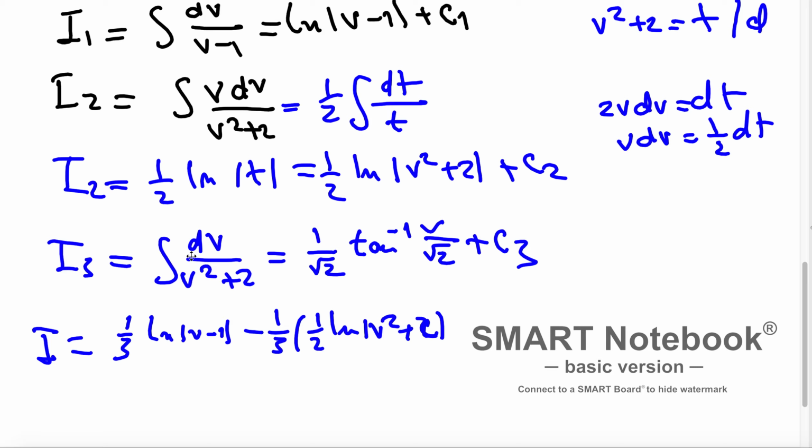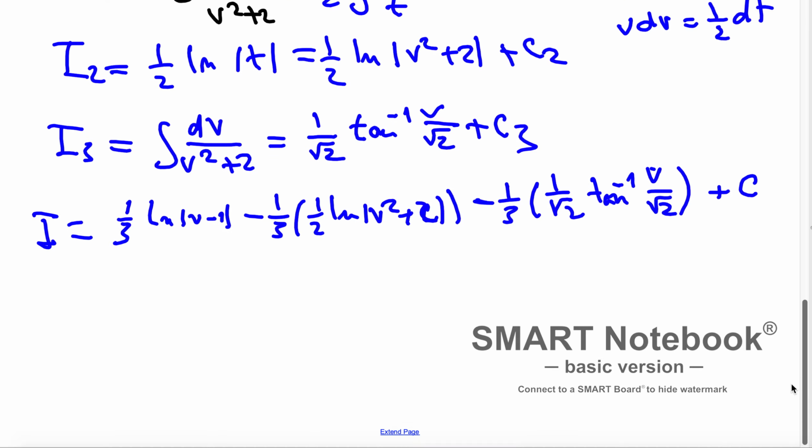And the last one is I3, which is minus 1 over 3 times 1 over square root of 2 inverse tangent of v divided by square root of 2, and c1 plus c2 plus c3 we can combine all of them and write them as the constant c.